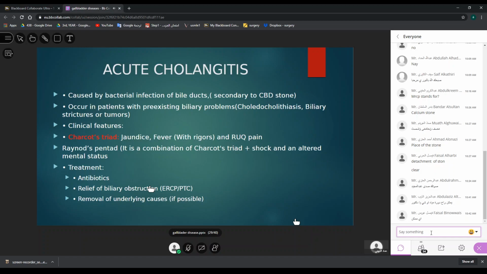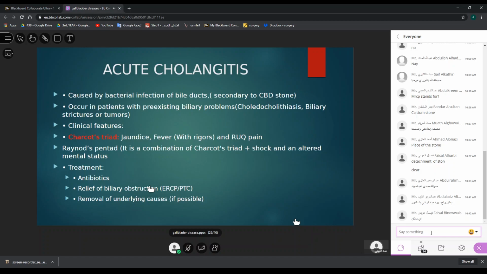So the difference between common hepatic duct and common bile duct, I explained it already in the beginning of the lecture, but it seems that no one is looking. We have two structures: the right and left hepatic ducts. These hepatic ducts join together to form the common hepatic duct.